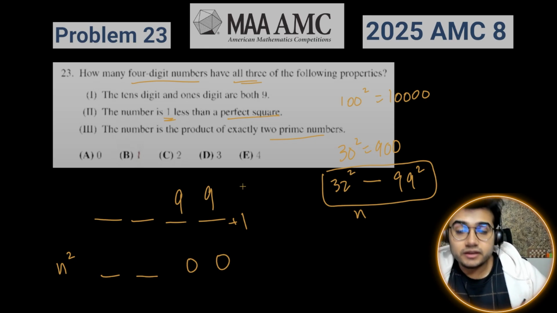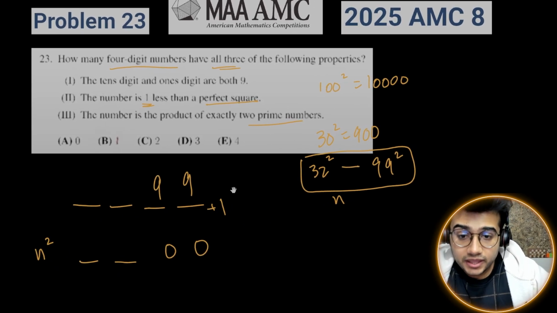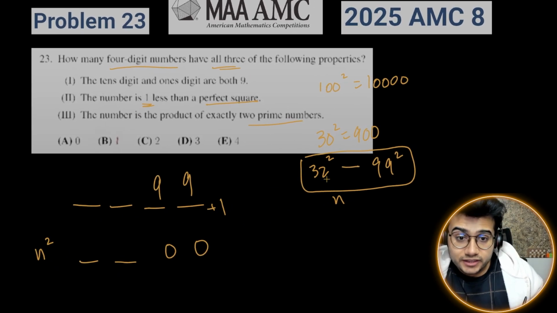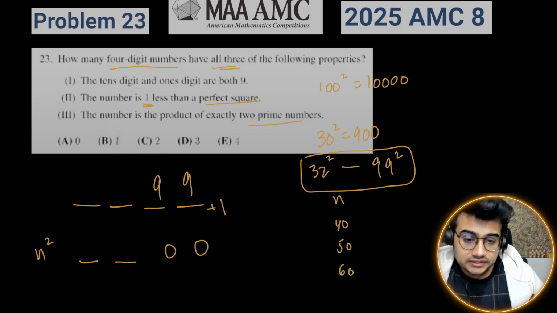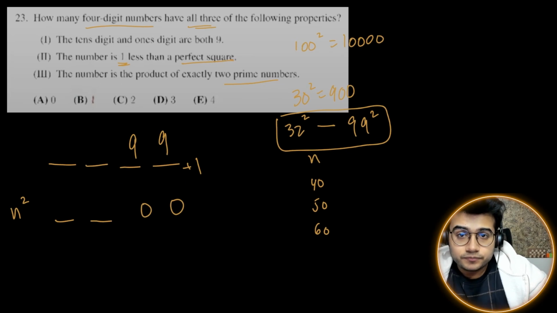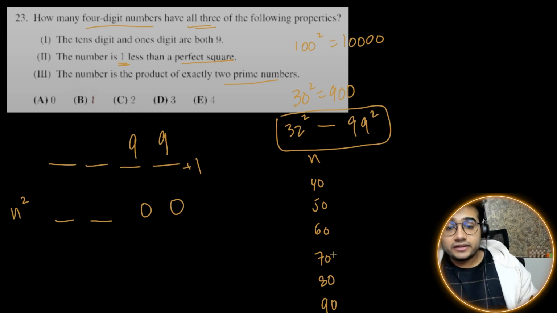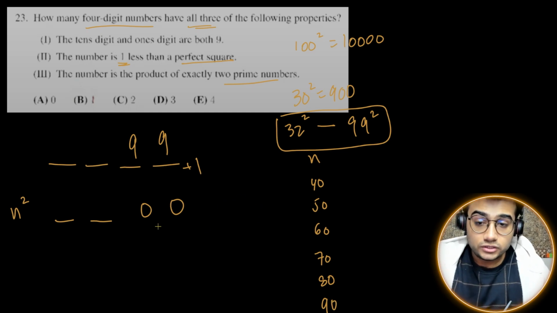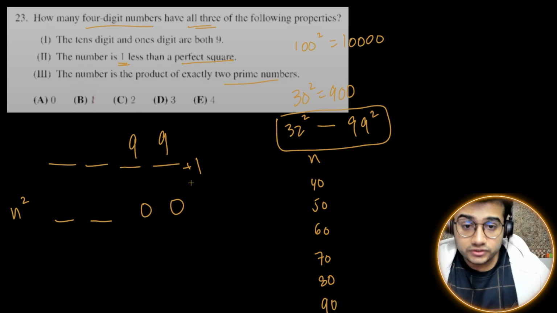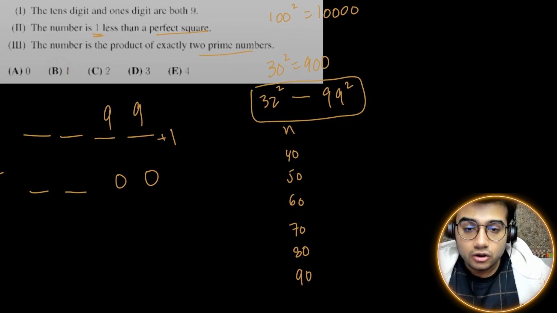So we know that the possible values for n have to be between 32 and 99. So the possible values for n are 40, 50, 60, 70, 80, and 90. These are the only possible values n can take if we want it to end in 2 zeros. Okay, so that really narrows down our possibilities.